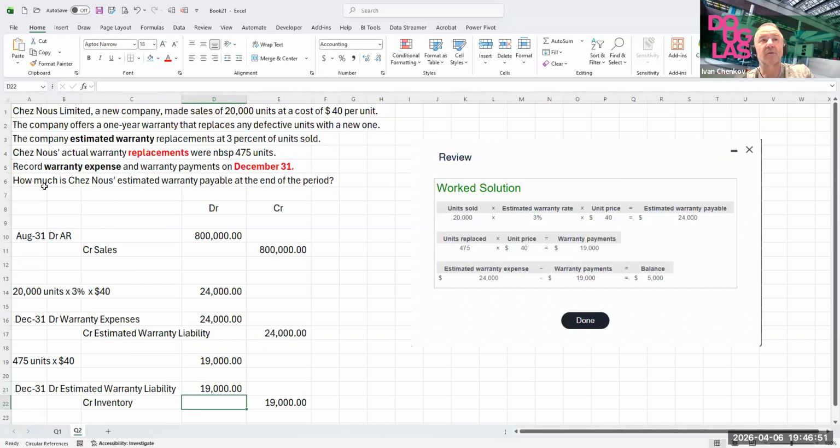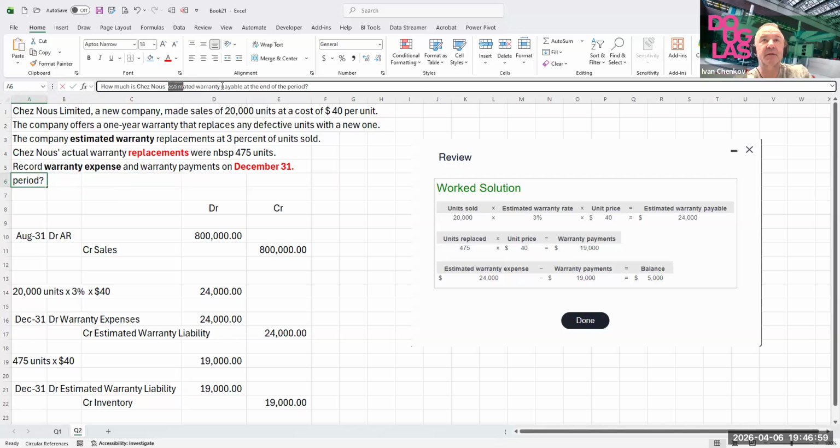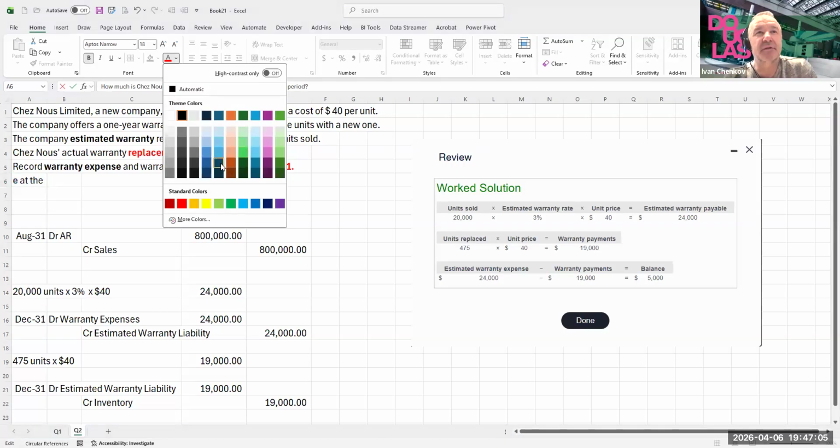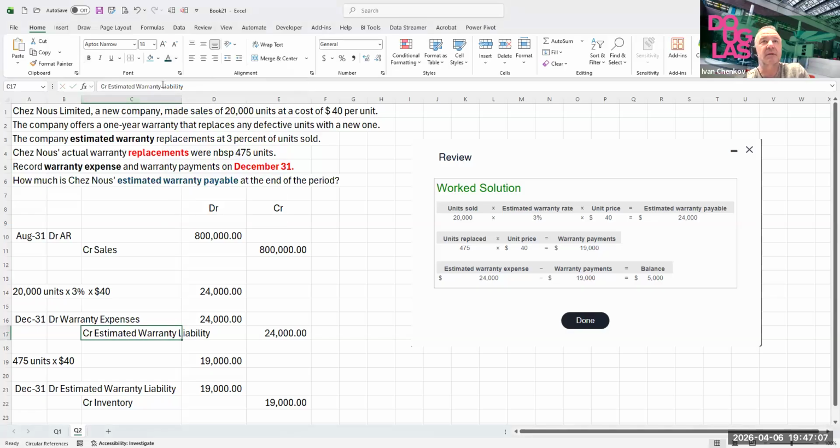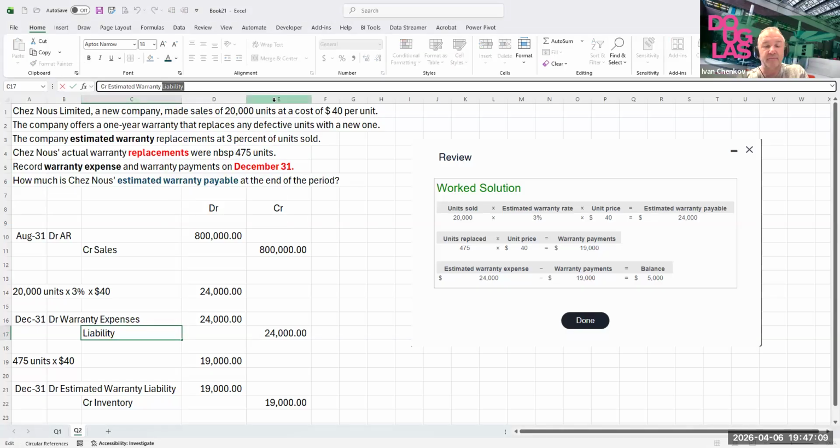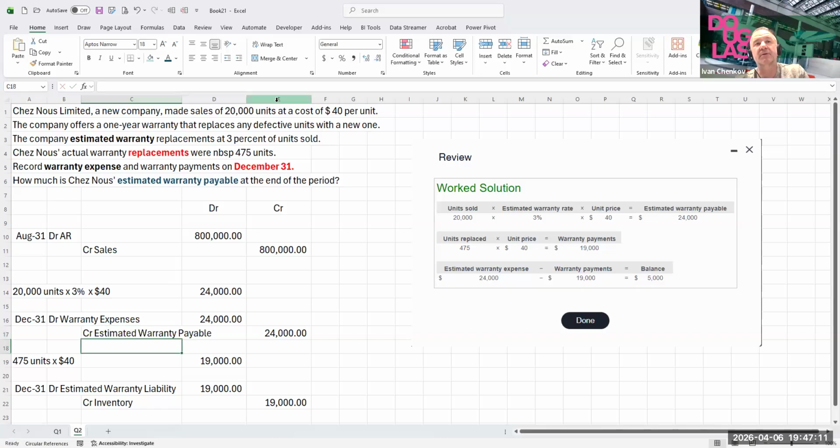Now, the question is how much is the estimated warranty payable? Actually, we can now use estimated warranty payable. Since the question says estimated warranty payable, that means I have to use this account. Let's change our terminology from warranty liability to warranty payable, because the question tells us which account to use.